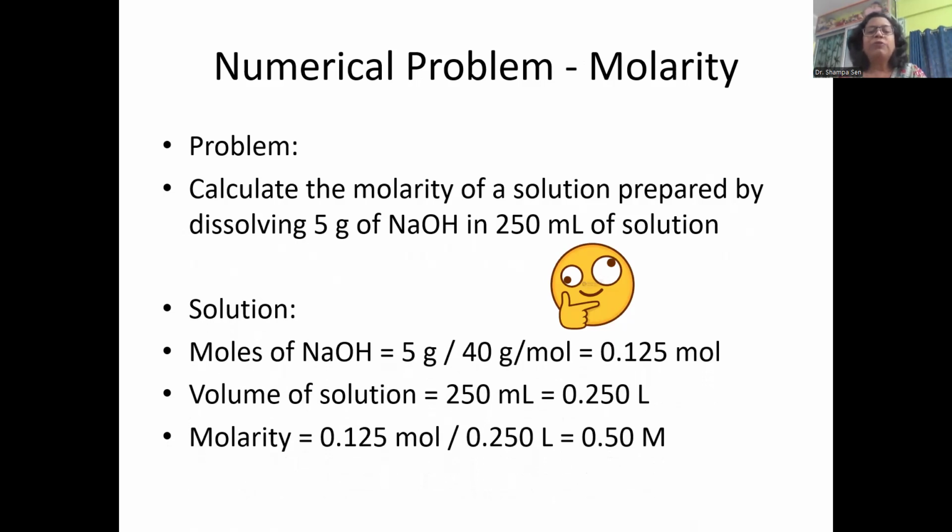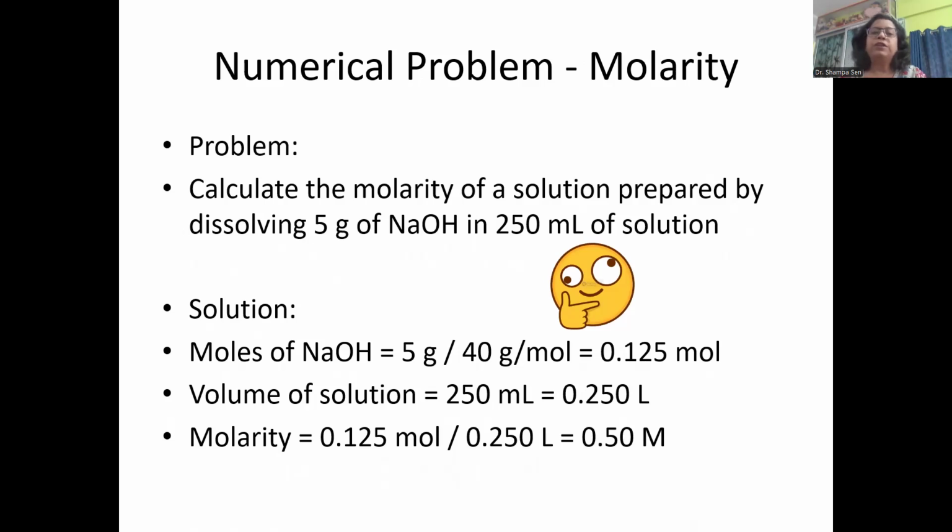So first of all, we need to calculate how many moles, because molarity means moles of solute per liter of solution. So first, how many moles of solute are there? 5 gram of NaOH is there. How to calculate moles of NaOH? 5 gram divided by molar mass, that is 40 gram per mole. So it will be 0.125 moles.